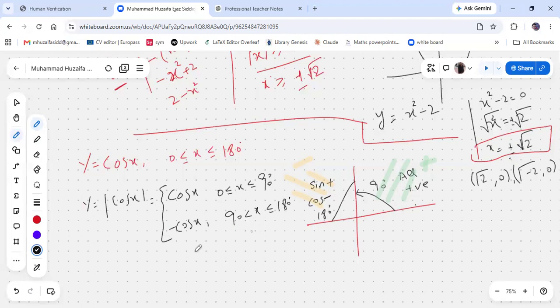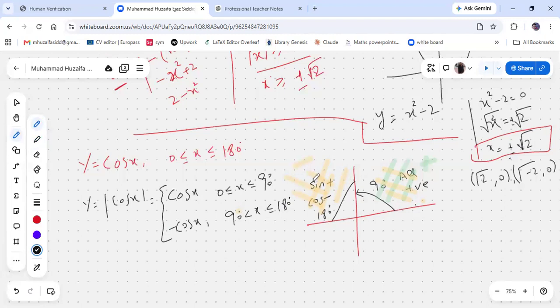Check it here. I already explained that here our cos is negative, and here our cos is positive. So 0 to 90 is positive, and at 0 it is always positive, at 90 it is positive. But when we start from 90 to 180, after 90 it will be negative, but at 90 it is positive.